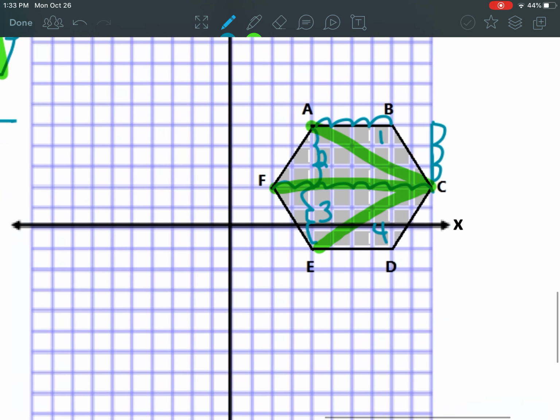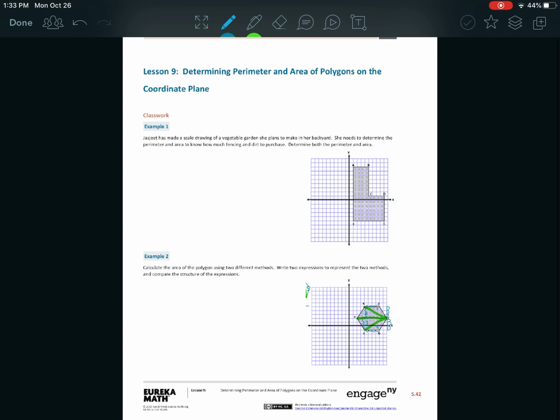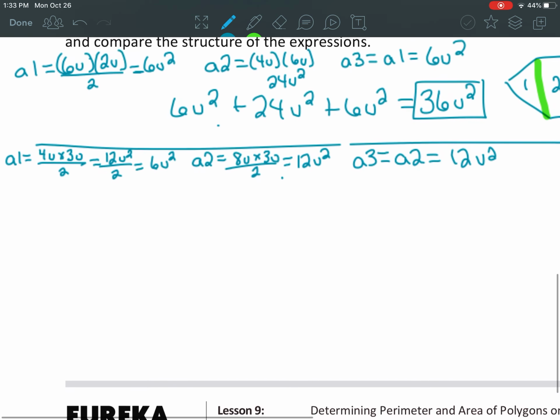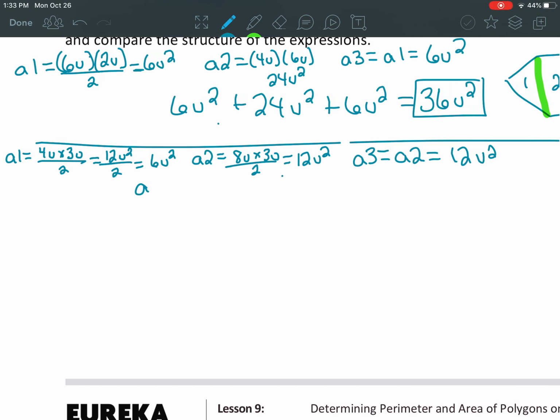And now we have area 4, which is 1, 2, 3, 4, and our height is 1, 2, 3. So that's also the same as area 1. So area 4 equals area 1, which is 6 units squared.